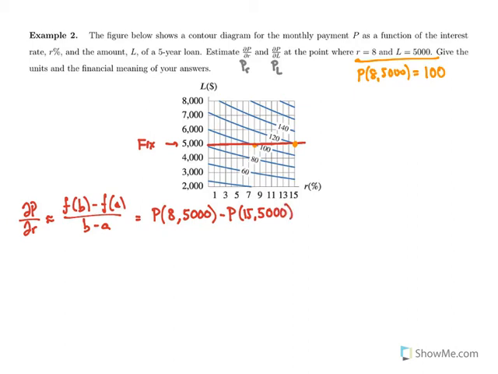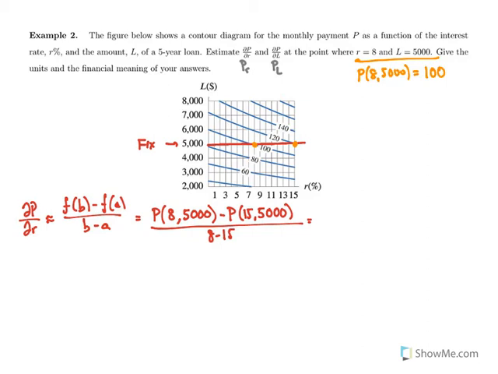Again, our whole world is just on that red line, and I need to find 2 points where I know the function value. So I need to find 2 contours that pass through that line. This is just like in our table, where we needed the 2 values that were given. Here those are our given values. And then we're going to divide by our inputs, our R values, 8 and 15.